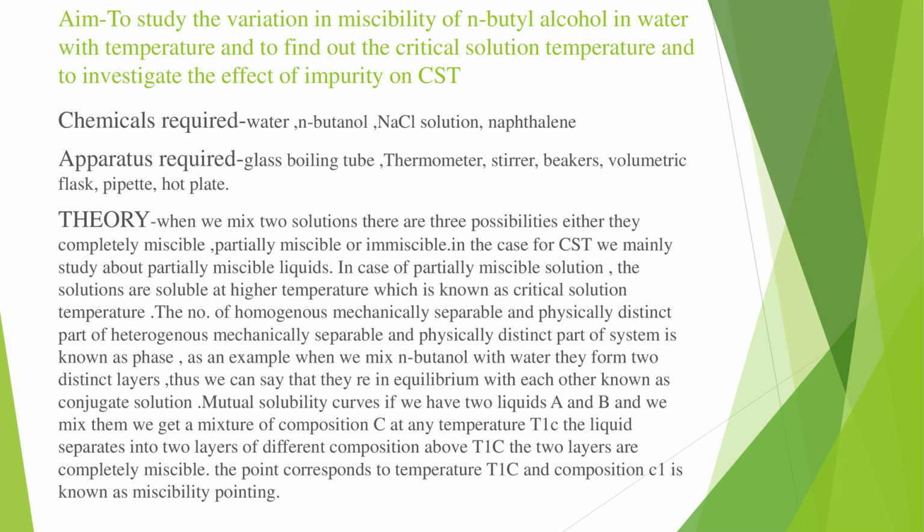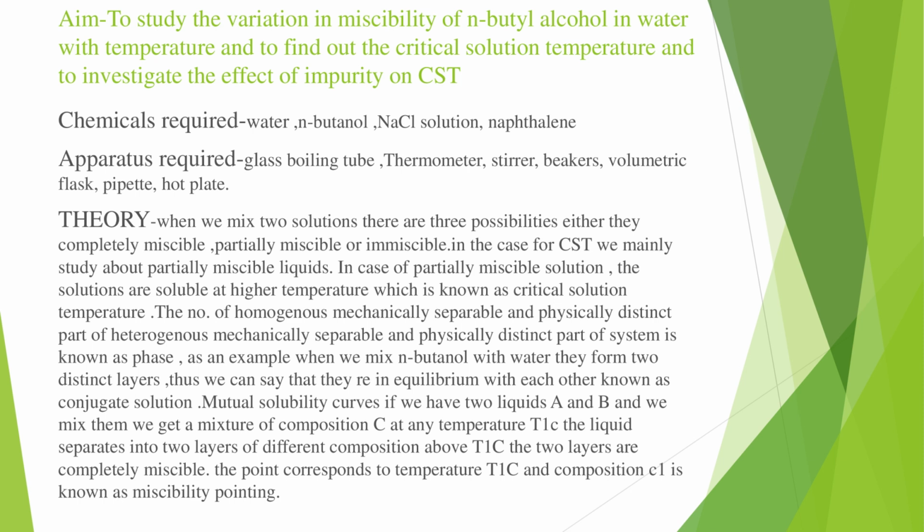The number of homogeneous, mechanically separable and physically distinct parts of a system are known as phases. As an example, when we mix N-butanol with water, they form two distinct layers. Thus, we can say that they are in equilibrium with each other, and they are called conjugate solutions.